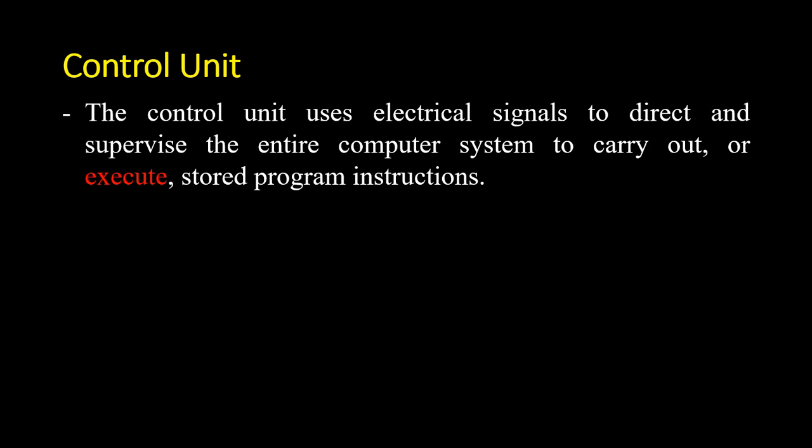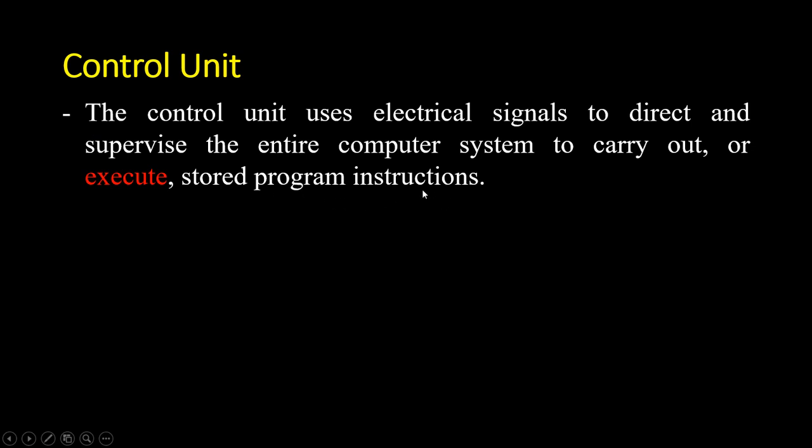But what are you doing? You are executing an order. So the term execute describes that state of doing things according to what you are told. That's why, because the computer does what it is told, we use the term execute stored program instructions.